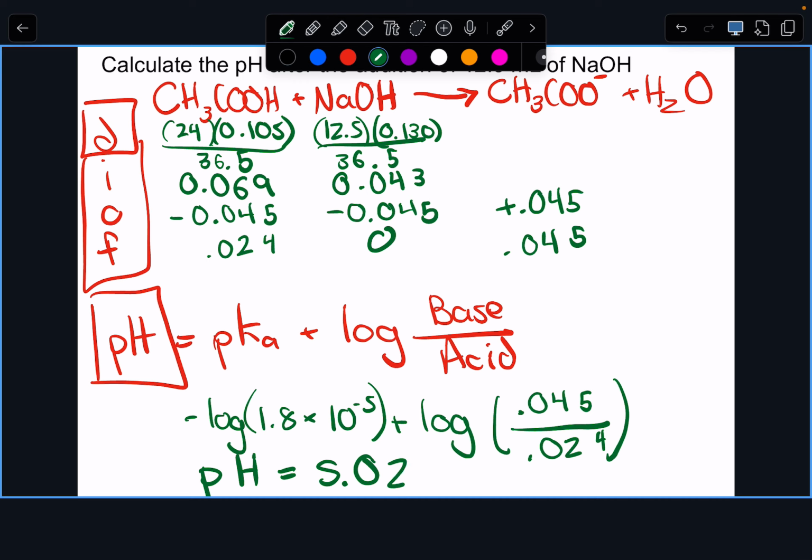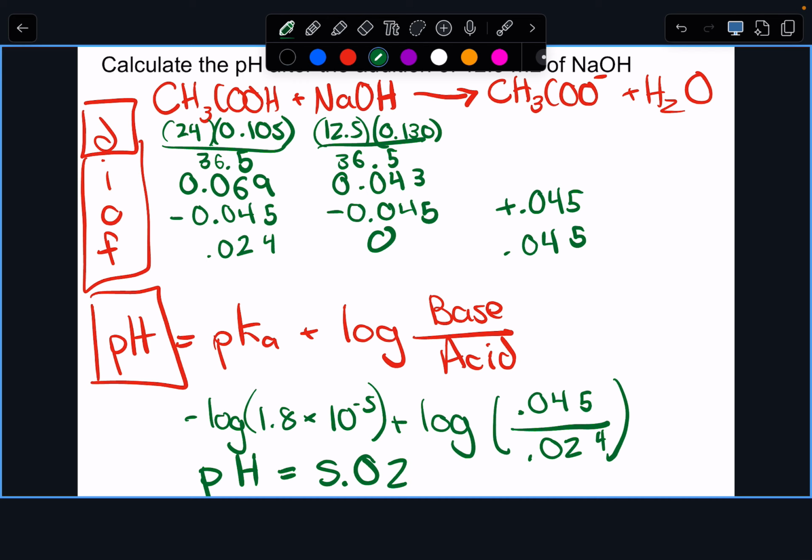All right, somebody check me. 5.02, 1.8 times 10 to the negative fifth, plus the log of 0.045 over 0.024. 4.9. 4.9. That seems a little further off than I would like, but I bet you that it would be right on the test because there wouldn't be another one that close.